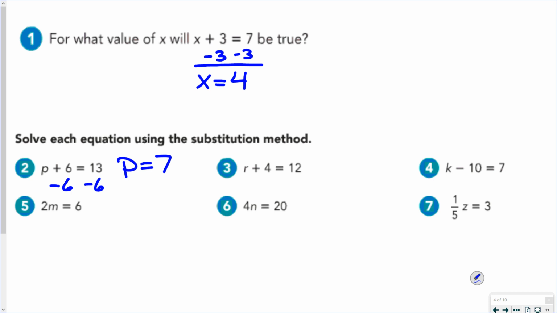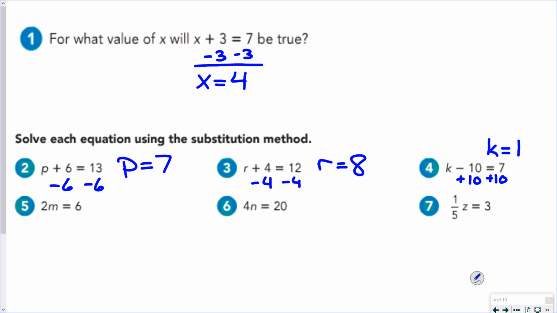For number 3, r plus 4 equals 12. So we're going to subtract 4 from both sides. We're left with r. r equals 12 minus 4, which is 8. For number 4, it says k minus 10 equals 7. So remember, we have to do the opposite. Since we're subtracting 10, we need to make sure on number 4 that we add 10 to both sides.